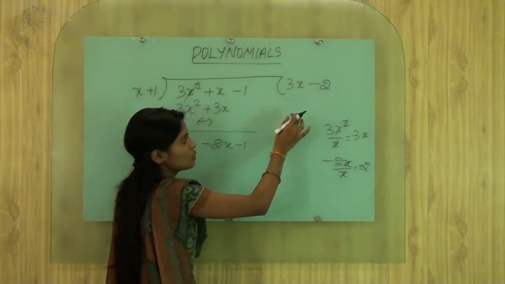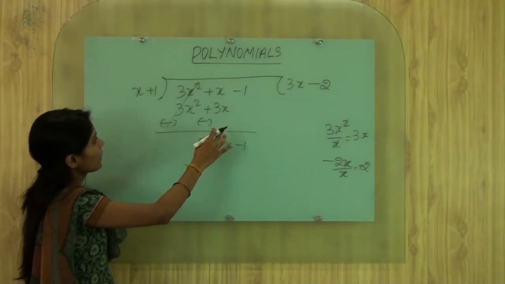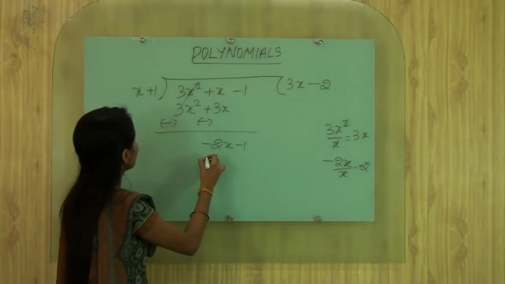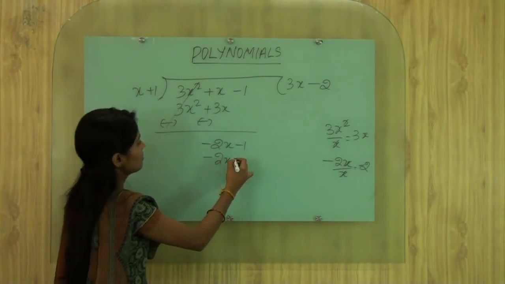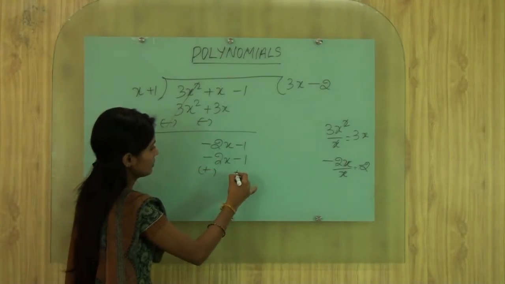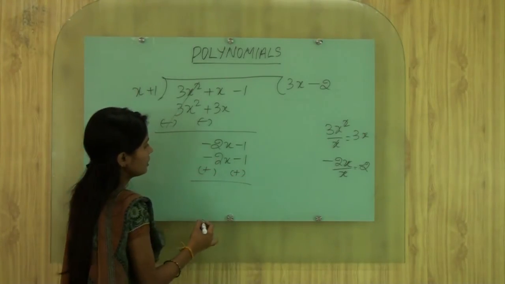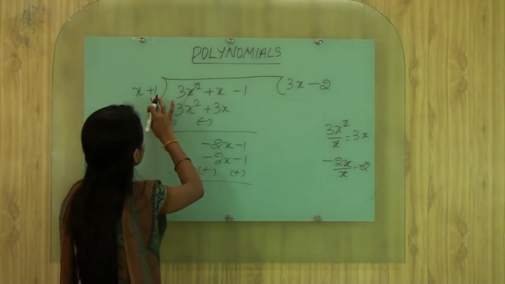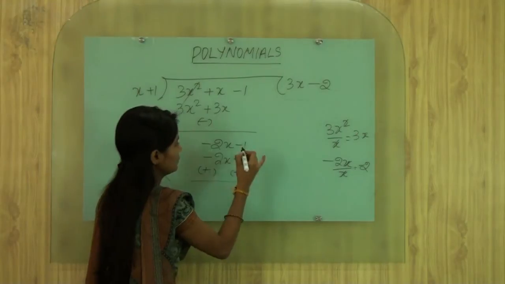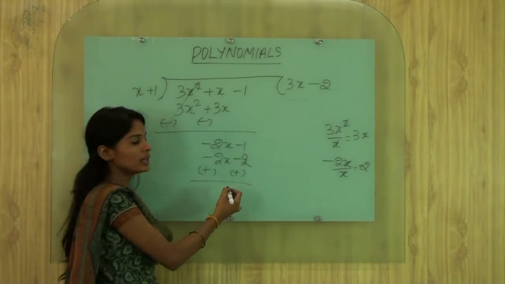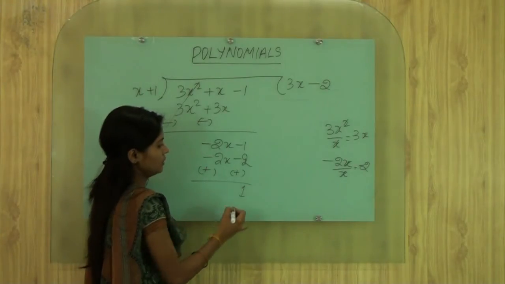Take minus 2 here in the quotient, multiply x plus 1 with minus 2, that is minus 2x minus 2. Here you got minus 2 into 1 is minus 2. That is plus 2 minus 1 is 1.